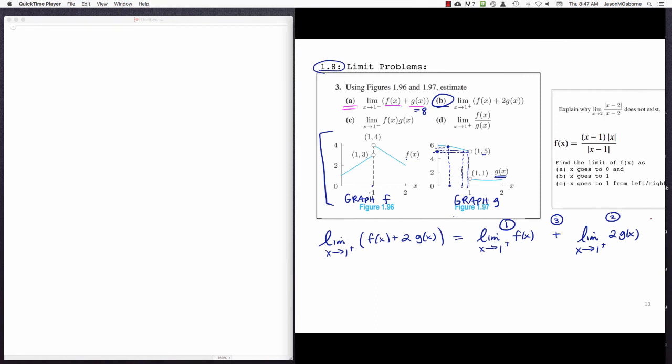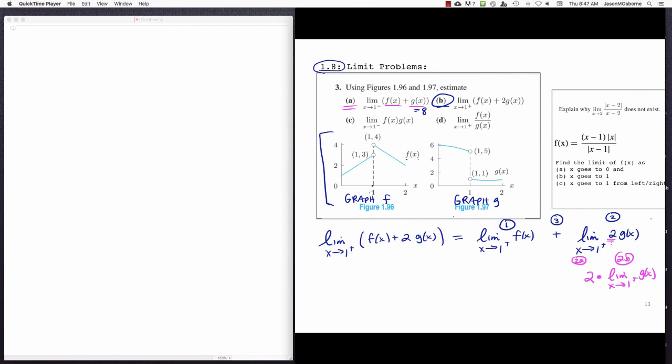What's slightly new to this problem is the 2g of x, 2 times the graph of g of x. I don't want to have to draw the graph of twice the function g of x, so what we're going to do instead is problem 2 splits into a part A and then a part B. And what that means is that you can do the limit as x goes to 1 from the right of g of x, and then the second part would be to multiply the answer by 2.